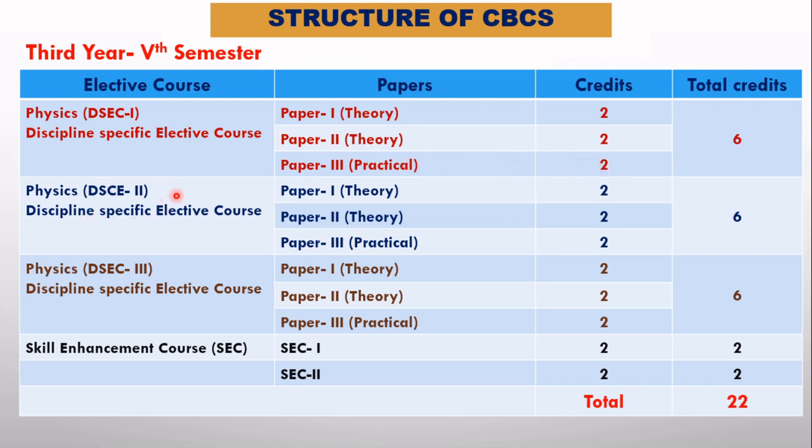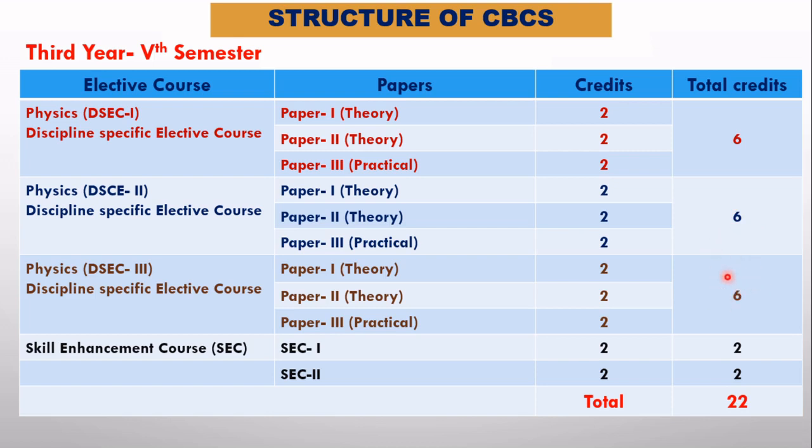Physics second is also a discipline specific elective course, with paper first and paper second. In third year the student has to select only one subject, and he has selected physics. So the physics subject has 3 elective courses, and each elective course is again subdivided into 3 papers, 2 theory papers and 1 practical paper. So each elective course contains 6 credits, here also 6 credits, and here also 6 credits.